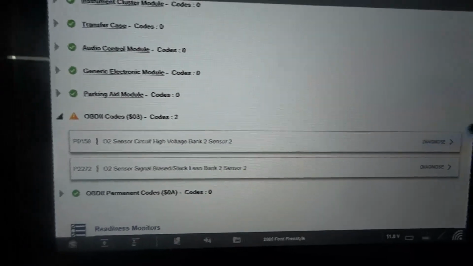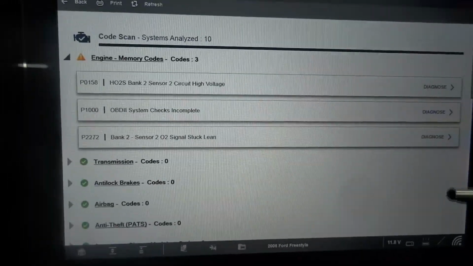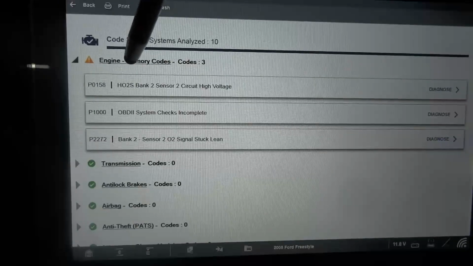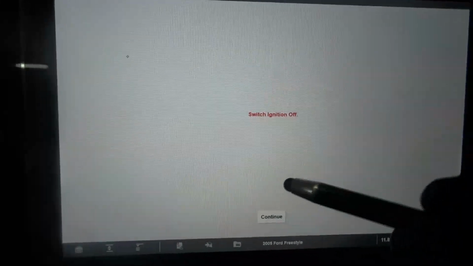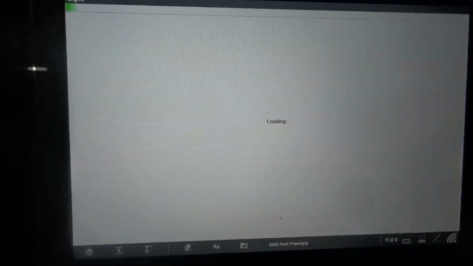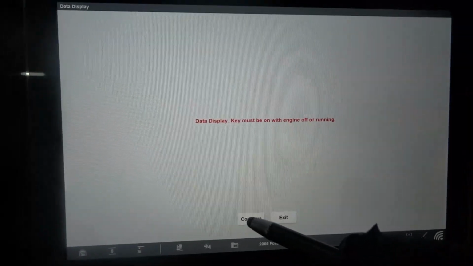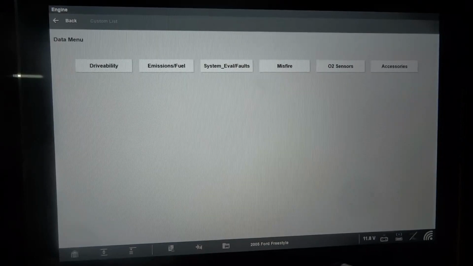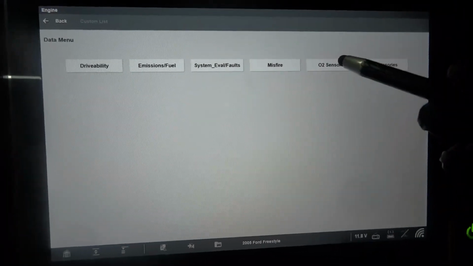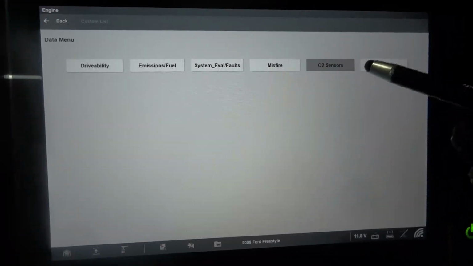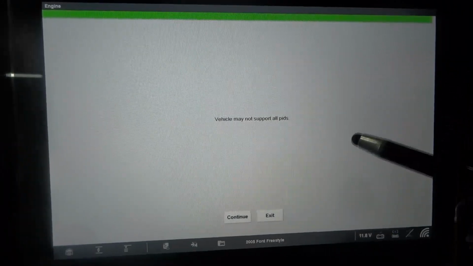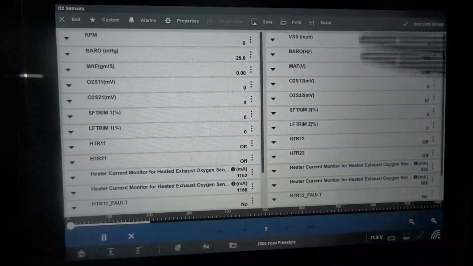Okay, so now what we're gonna do is go into the engine computer. We're gonna look at the data. We're gonna focus on the O2 sensor data, the O2 sensor after the catalytic converter on bank 2. So we're gonna customize this list.